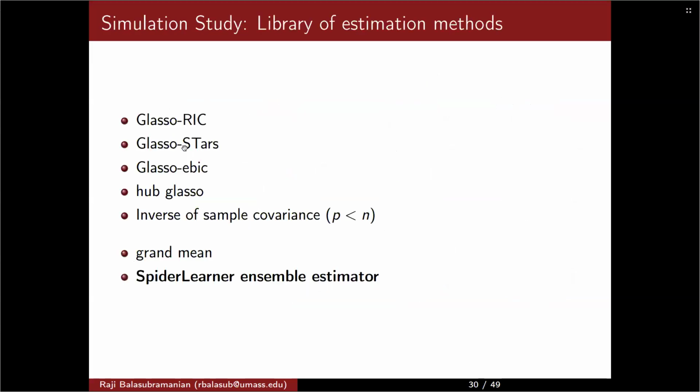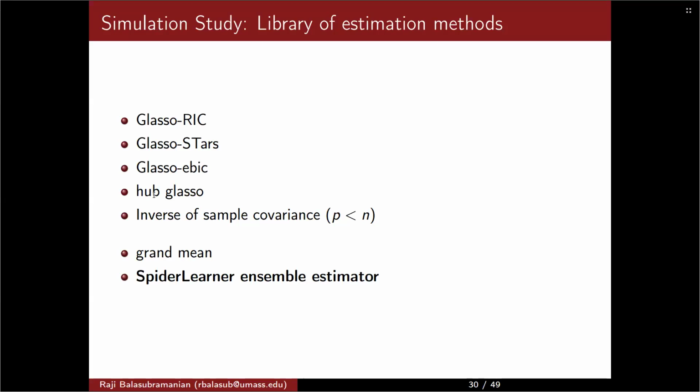All right, so we compared in our simulation the ensemble estimator to all of these individual approaches. For example, these approaches are all based off of GLasso. We call them different because they actually end up estimating different looking networks on the same data, because they're choosing their penalty parameter lambda in a slightly different way.